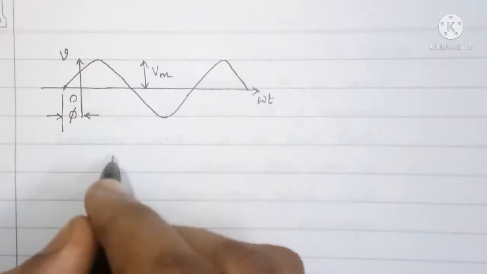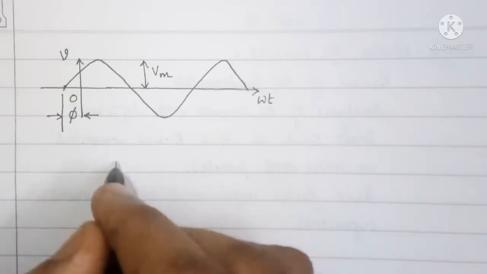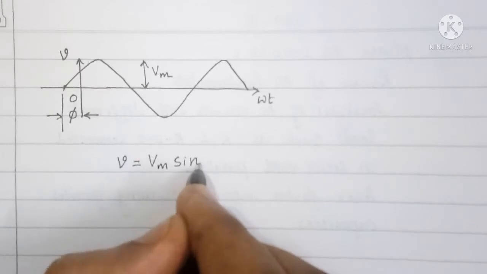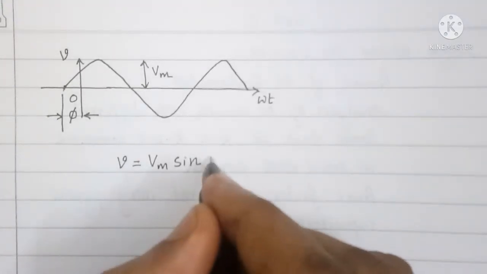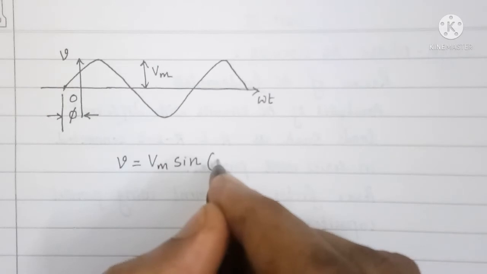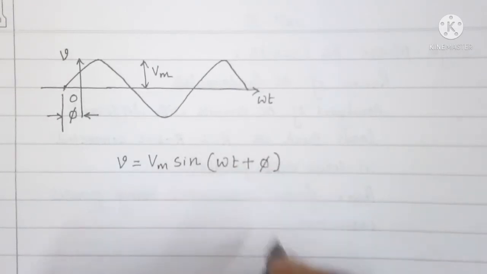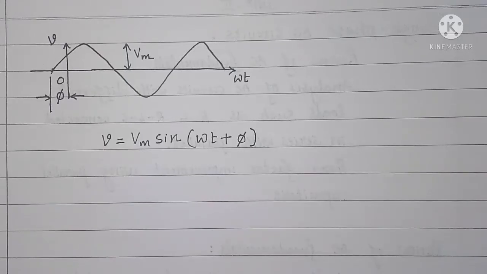Now we can write expression for this instantaneous voltage as V equal to Vm sine of omega t plus phi. Now can you say what will be the expression for instantaneous voltage that was shown starting at omega t equal to 0 in first figure?